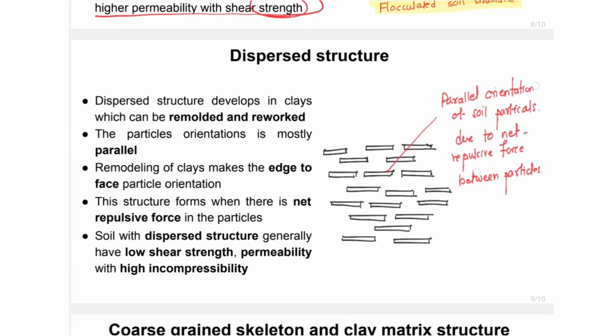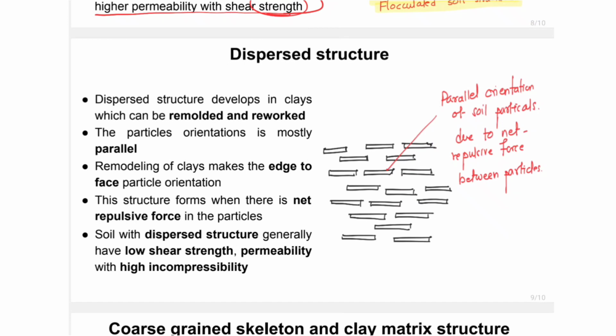Then next is dispersed structure. When the clay soil is reworked, reshaped or remolded, then this structure forms. This structure is called dispersed structure. In this dispersed structure, the clay particles are positioned parallel to each other. However, they are also spaced at some distance from each other.